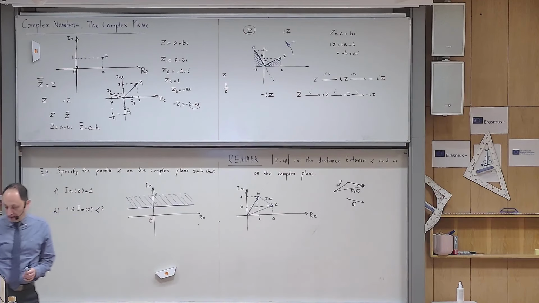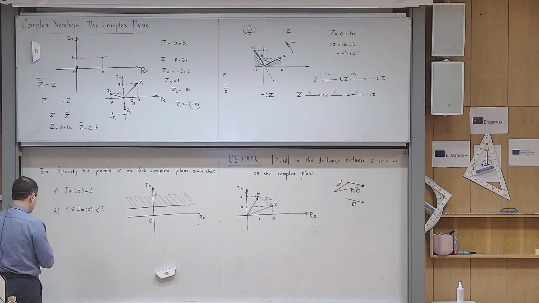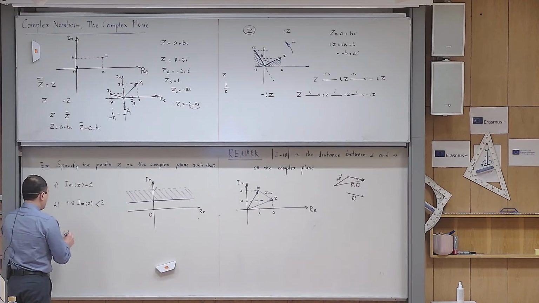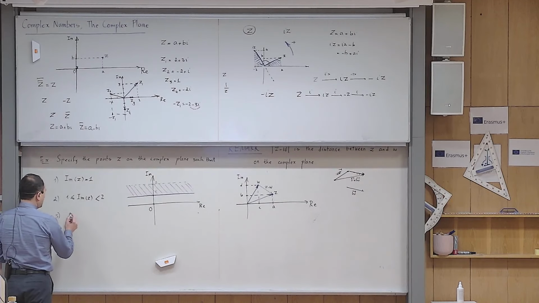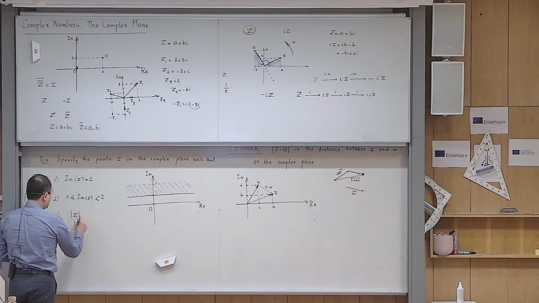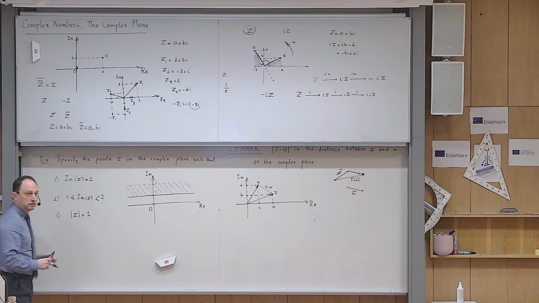Okay. So let us solve a slightly different problem. Number 3. I would write absolute value of z equals 1. Again, I have the same story.